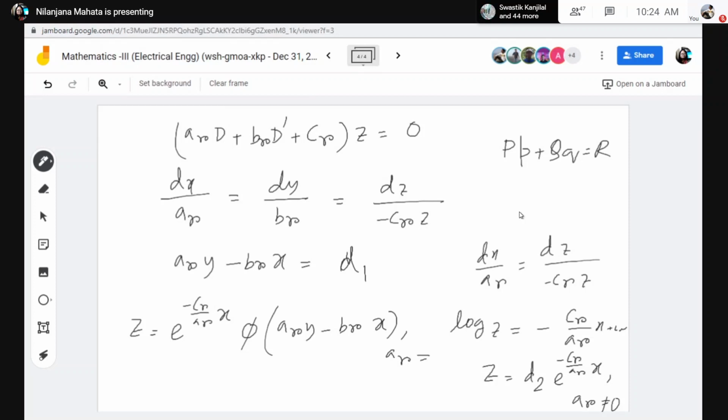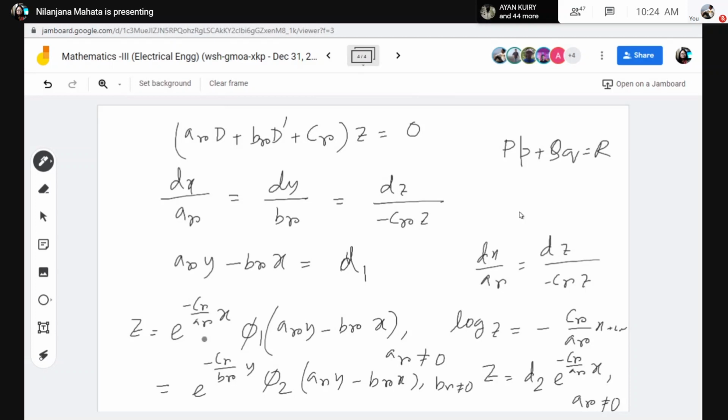AR not is equal to 0. Similarly, if I equate these two, I could have e to the power minus CR by BR, y. Suppose this is phi 1, so I could take phi 2 of ARY minus BRX, where BR not is equal to 0 for this term.